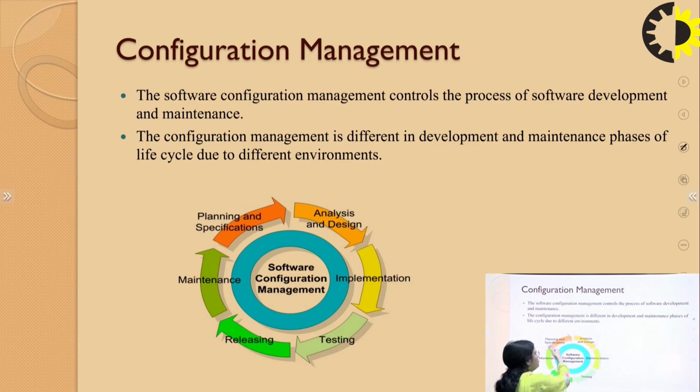In this phase, we plan for the particular software and the specifications required for developing it. After that, we analyze and design the requirements of the customer. Next, after analyzing the requirements and developing the designs, we move to the implementation phase, which is related to developing the code for the software.